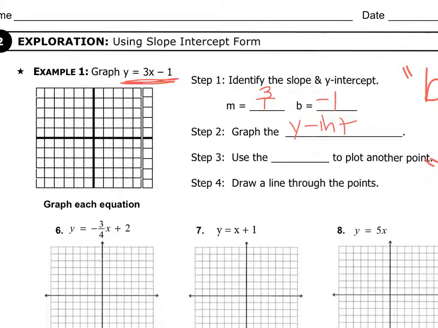Everybody show me the y-axis. Sweet. Down 1 on the y-axis, there's my y-intercept. And then my slope of 3 over 1. Remember, I like seeing that fraction because it's rise over run. So my rise is 3, moving up 1, 2, 3. And my run is over 1. So right there.